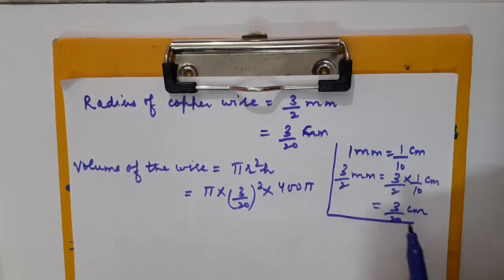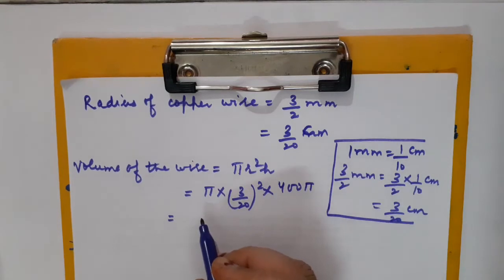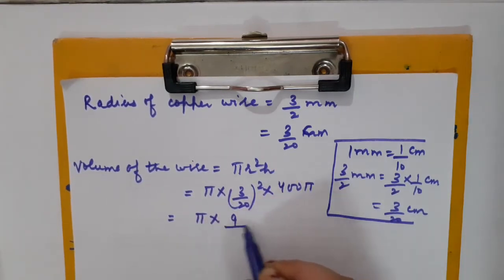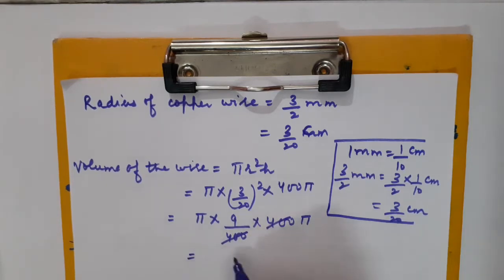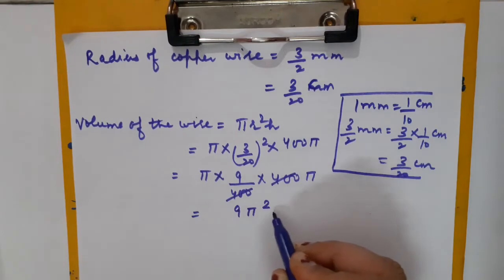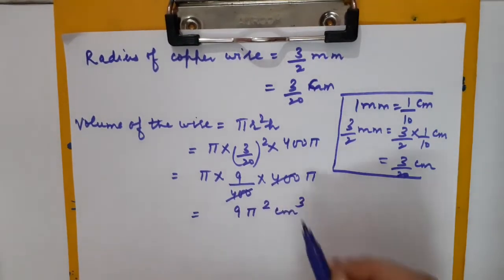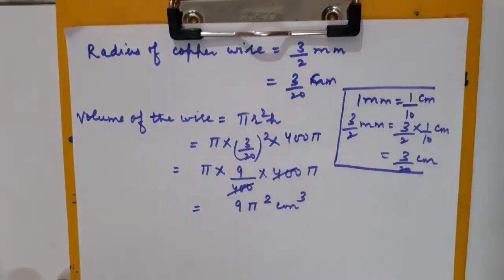Correct? That we have just calculated. Now let us solve it. It would become pi into 9 upon 400 into 400 pi. Now 400 and 400 are going to be cancelled. So I have got 9 pi square cubic centimeters. Correct? Because volume is measured in cubic units.